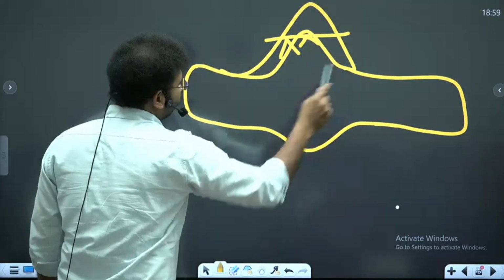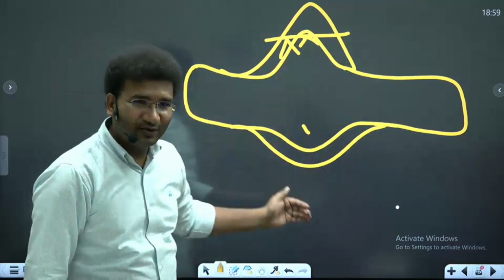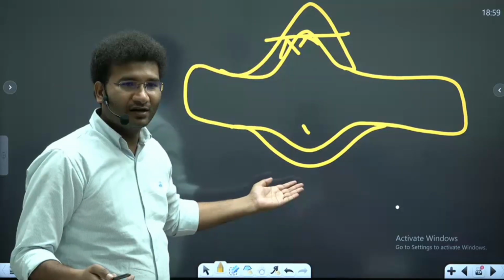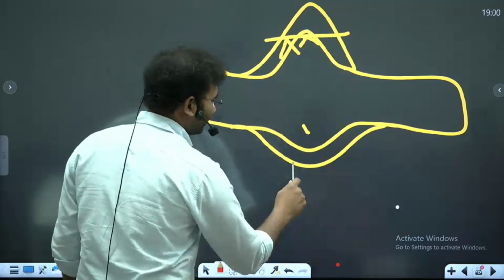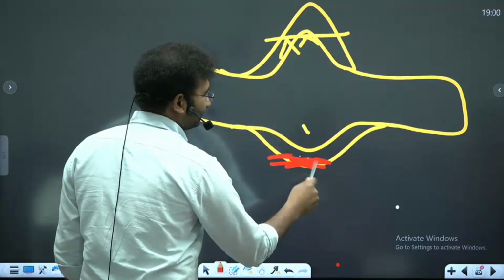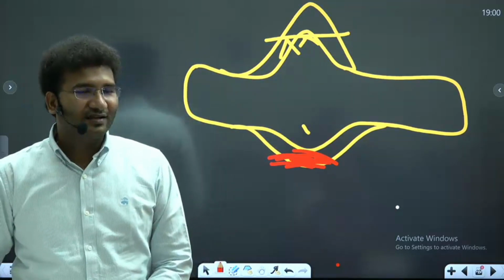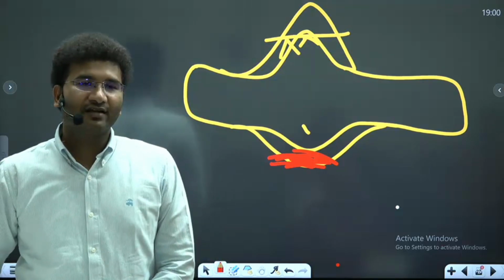Imagine, the taller it is, it should also have an equal base. This became even taller. That means its base should also be increased. Now beneath the lithosphere, what layer do you have? Asthenosphere. If the weight is more, the asthenosphere gets punctured and from below this gets melted. Okay? So that's why the height of the Himalayas cannot go beyond 10,200 meters.